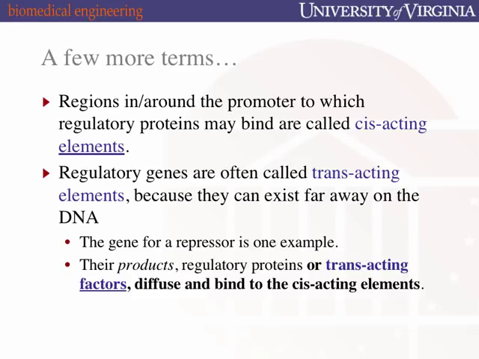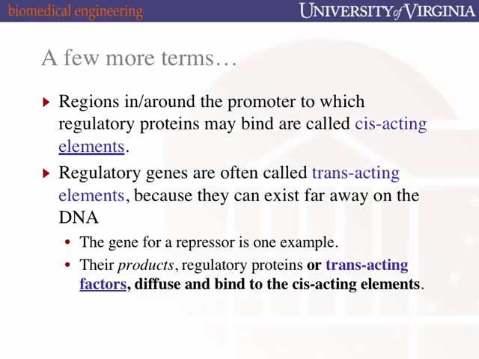Because you have that more distant relationship between where the DNA element that encodes the factor is and where the binding occurs, this is called a trans-acting mechanism. If you want to talk about the DNA that encodes those regulatory genes, it's a trans-acting element. But the protein products are called trans-acting factors.